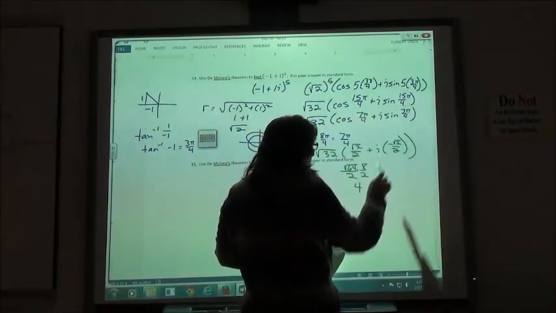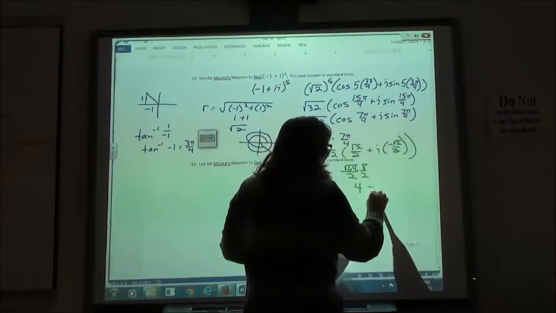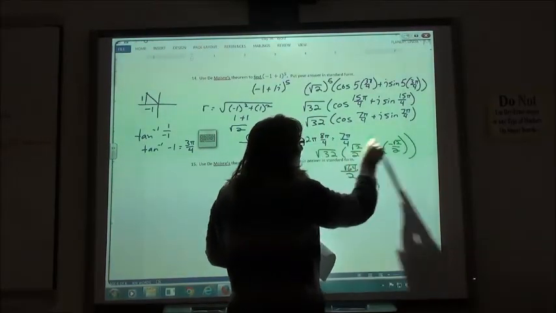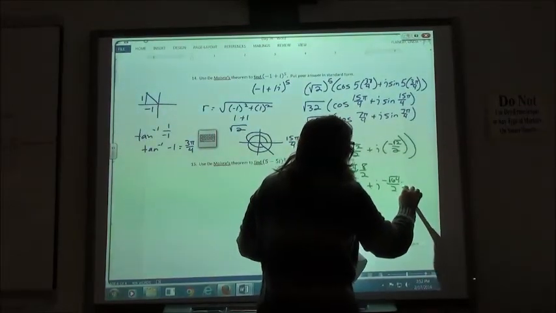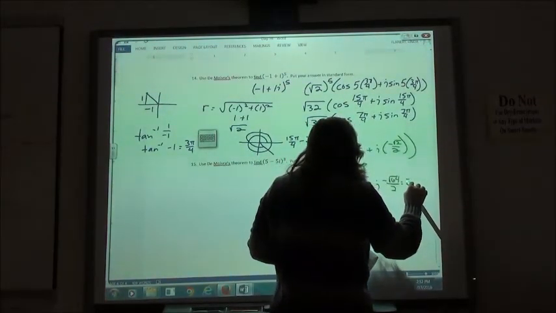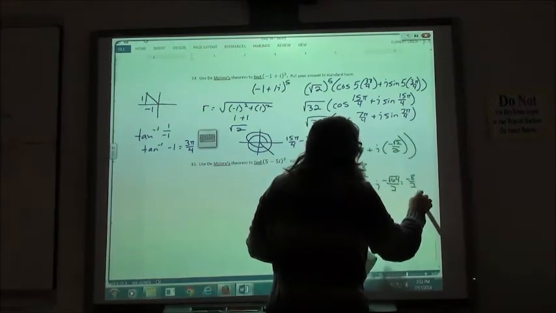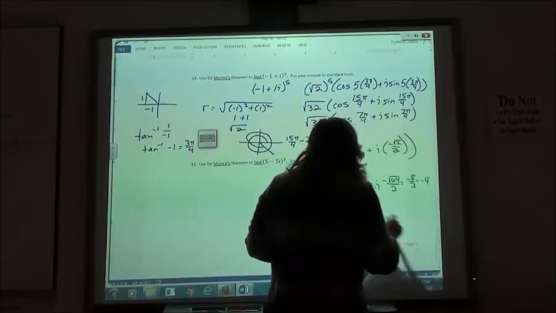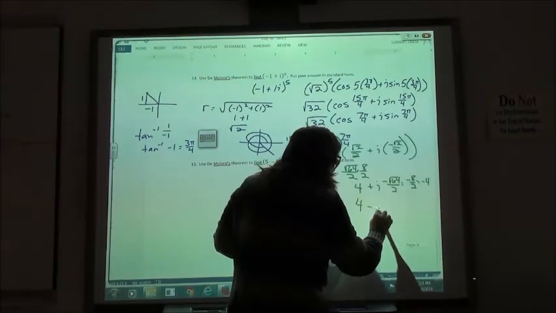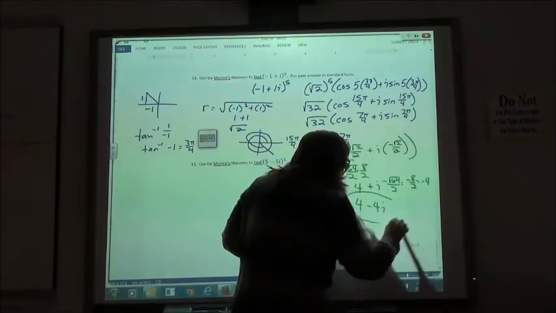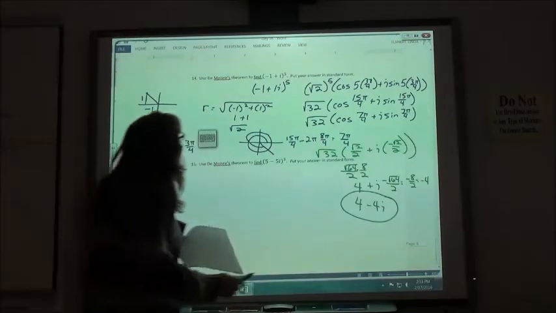Same thing here. I'm going to have i, and then I'm going to have negative square root of 64 over 2, which would be negative 8 over 2, which would be negative 4. So I'm going to have 4. Negative 4 times i would be minus 4i, and that's as far as I can simplify that.